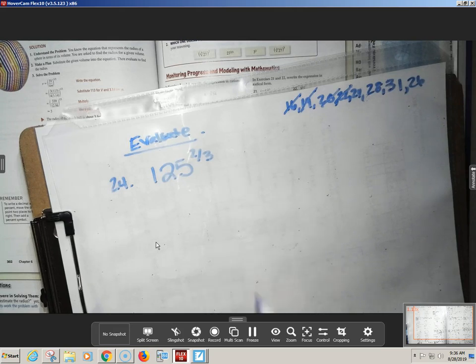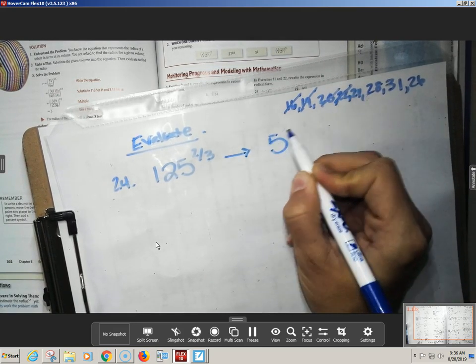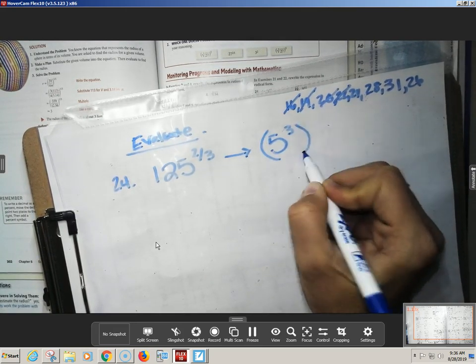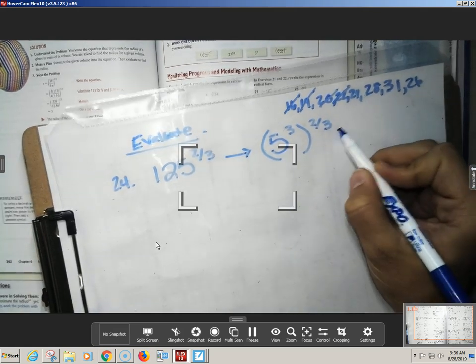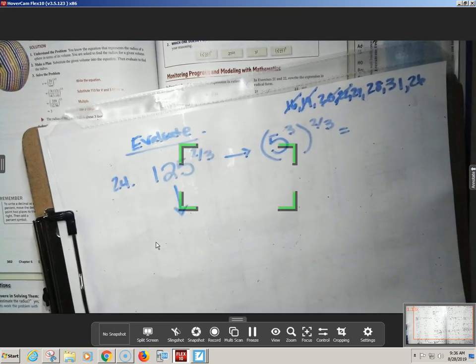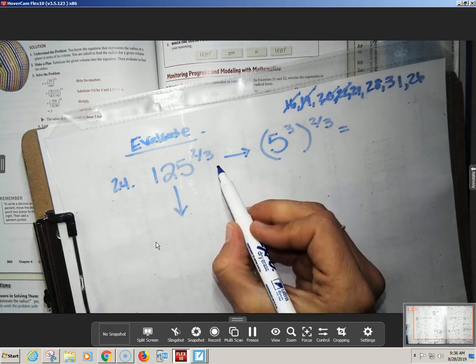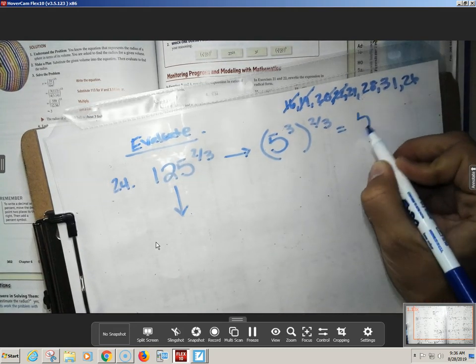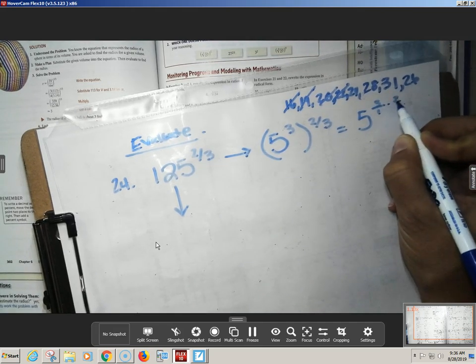Okay. So one way to go is you could have said, hey, 125 is 5 cubed raised to the 2/3 power. And if you remembered your power to power property without ever going to a radical, we'll go to a radical in just 1 second, and that was also a very good way to go. But if you didn't go to radical form, you could have actually done 5 to the 3/1 times 2/3.